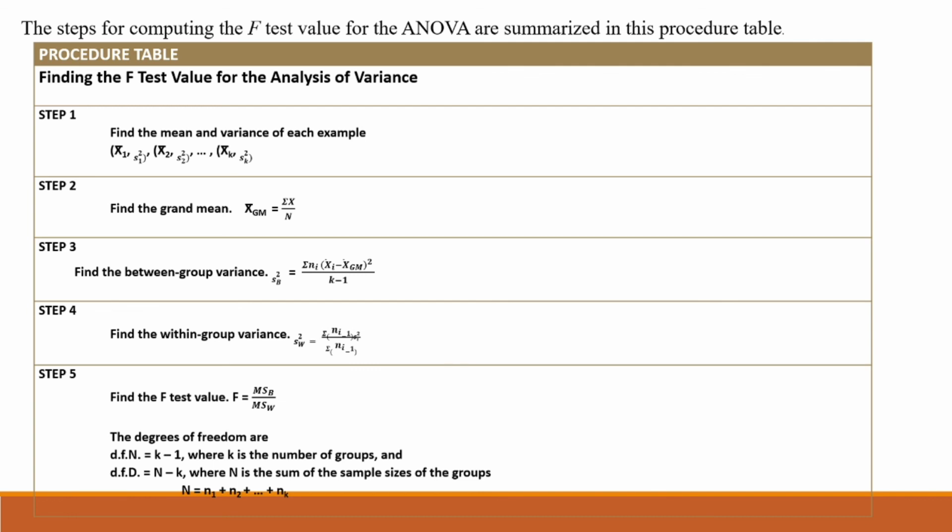Step 5, find the F-test value. The degrees of freedom in the numerator is k minus 1, where k is the number of groups, and the degrees of freedom in the denominator is n minus k, where n is the sum of sample sizes of the groups.